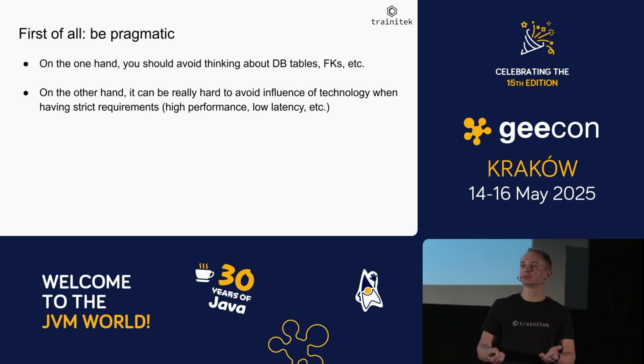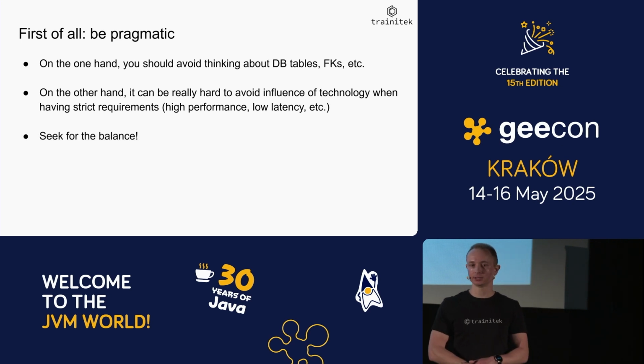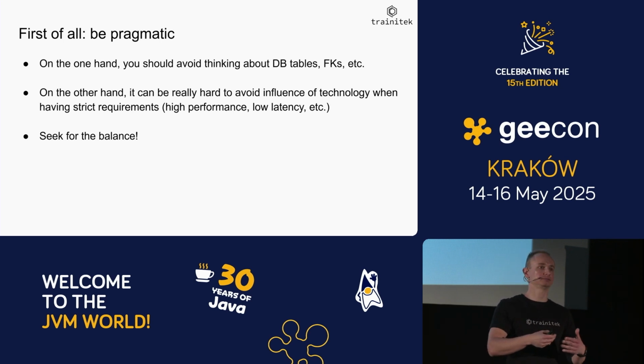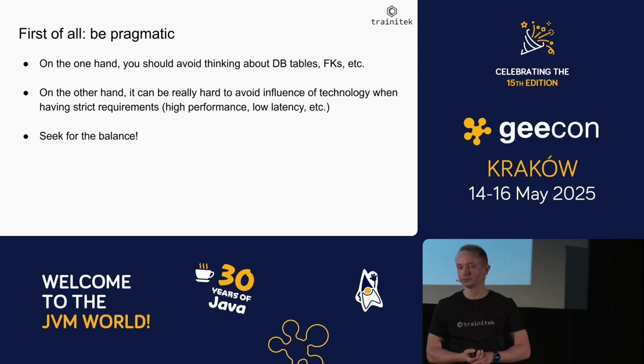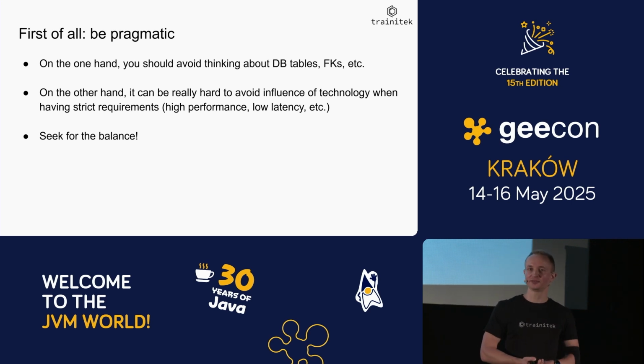Maybe you will use some actor framework. All right, so just seek the balance. However, for usual business applications, when you don't have very strict performance requirements, you probably don't need to think too much about the database from the start. So think about behavior and be pragmatic. Seek the balance.